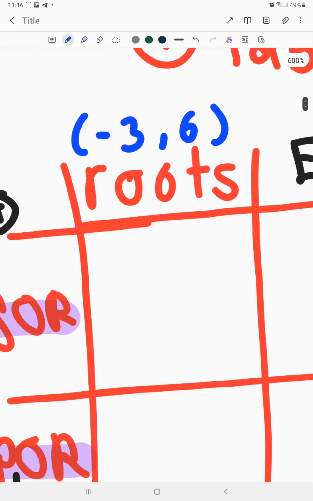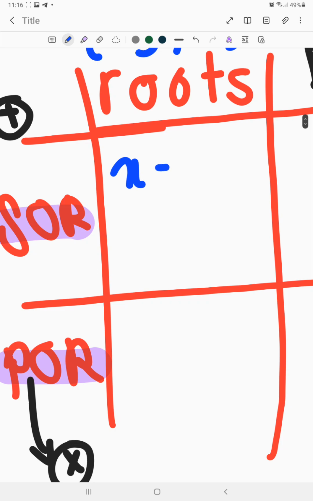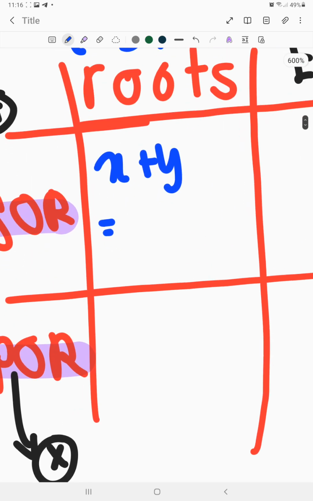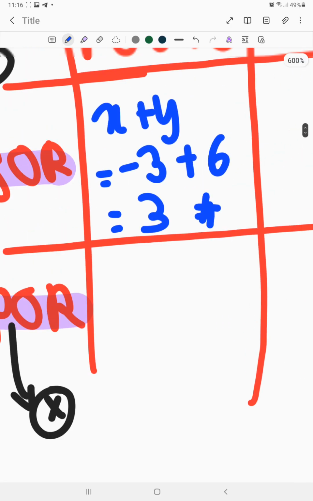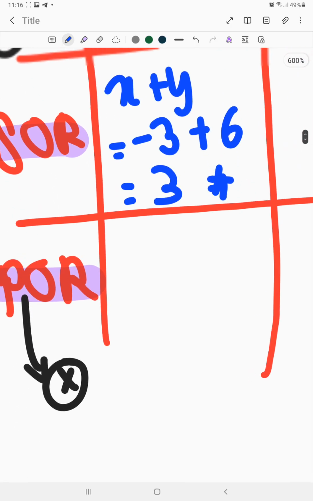So basically I'm going to name these as x and y. So x plus y, you will be getting -3 plus 6, which is 3. Next, the product of roots, you're going to multiply.